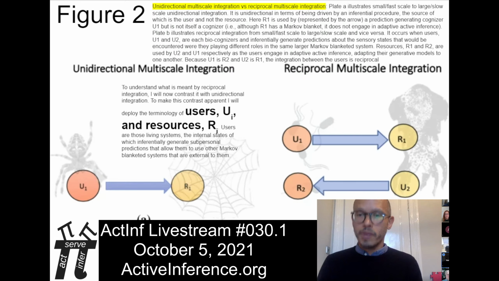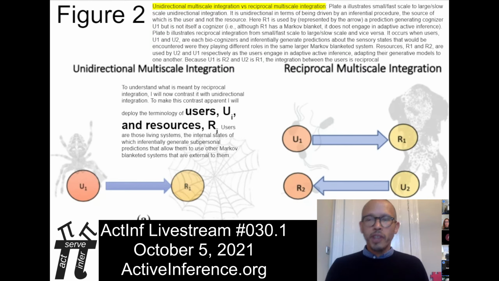And stigmergy, in the way that Pierre-Paul Grassé suggested it when he was studying termites, involves a signal that's offloaded to the environment. So it's naturally a unidirectional multiscale integration between various systems.